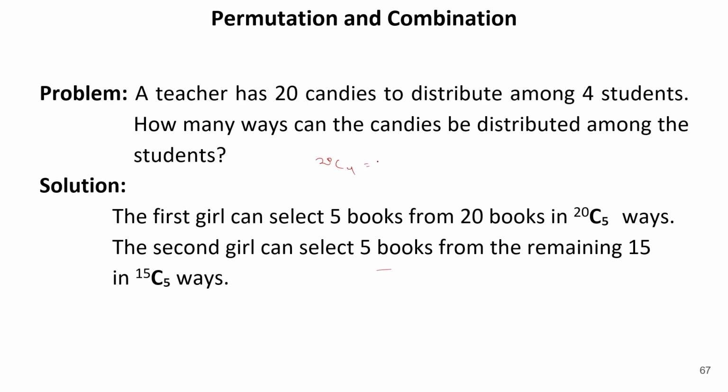So this will be equal to 20 factorial divided by 16 factorial into 4 factorial. So 20 into 19 into 18 into 17 whole divided by 4 into 3 into 2. Okay, so it will be 5, right? And it will be 3.